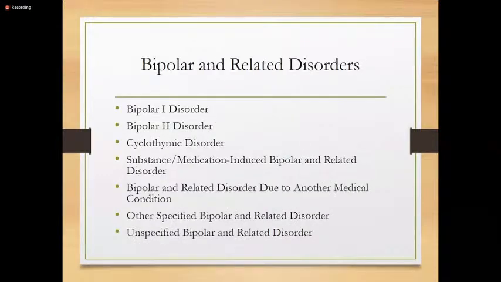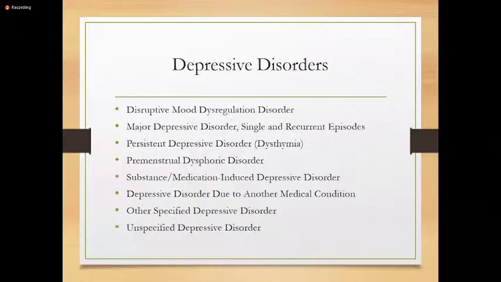Then you have the bipolars. They have bipolar 1, bipolar 2, cyclothymic, which just has to do with the change of mood, very rapid cycling of mood, substance/medication-induced bipolar, bipolar related due to another medical condition, and other specified bipolar. Again, room to wiggle with other and unspecified.